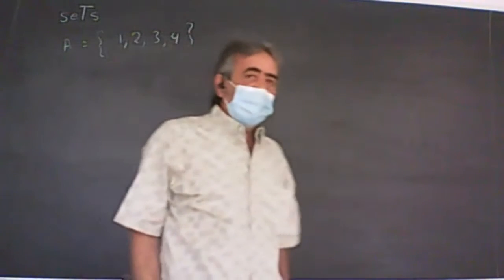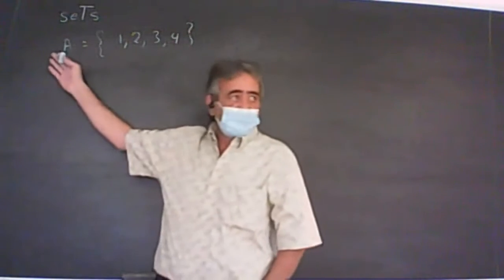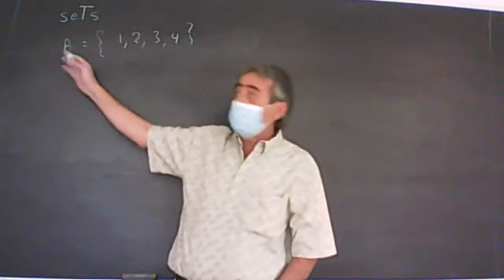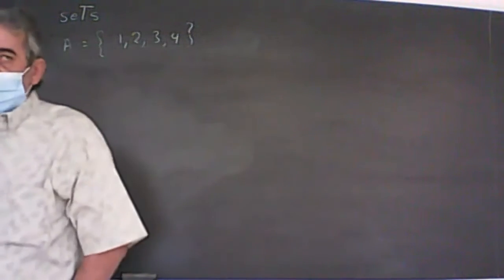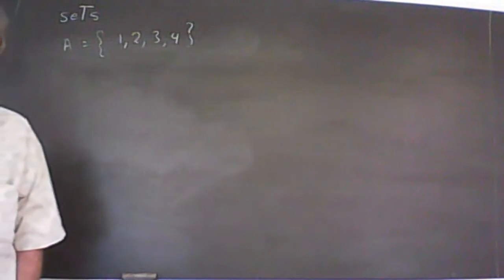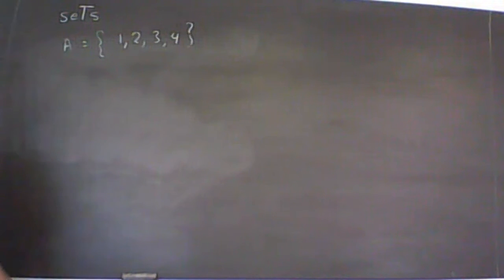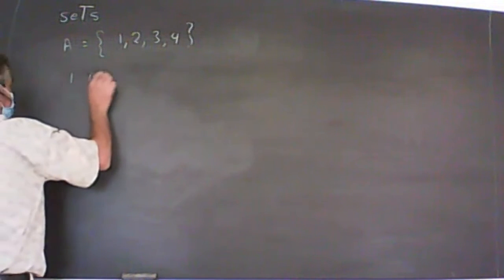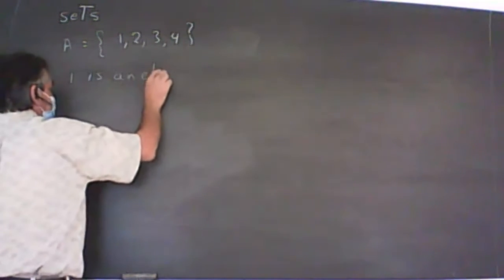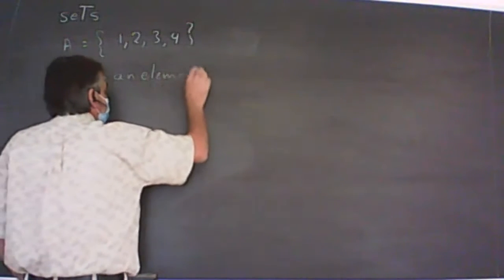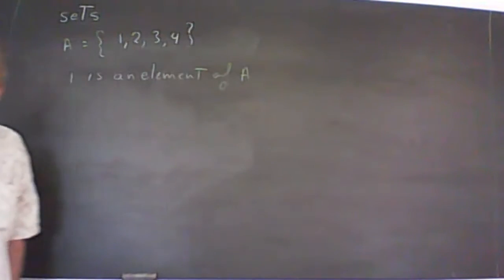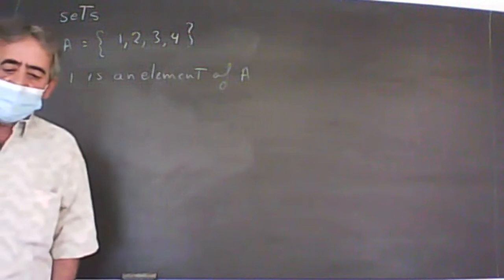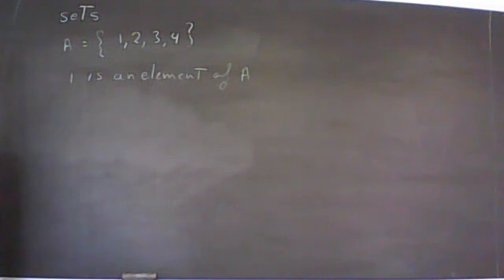So what do we know? We have a set. That set contains each number in there, and each part is called an element. So we can say 1 is an element of A. How do I represent that 1 is an element of A?